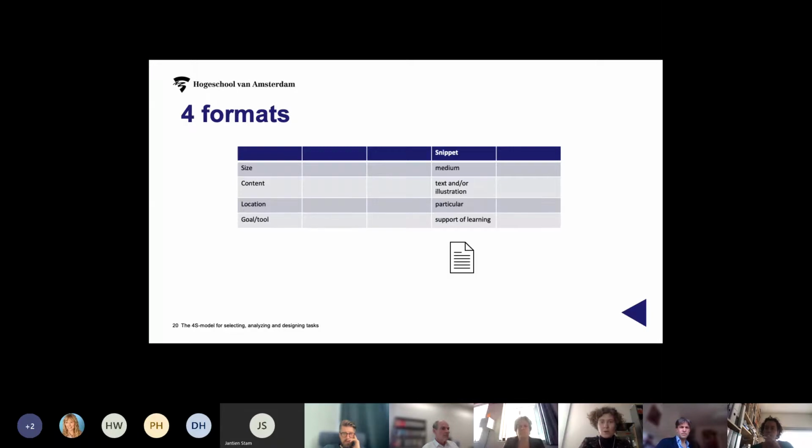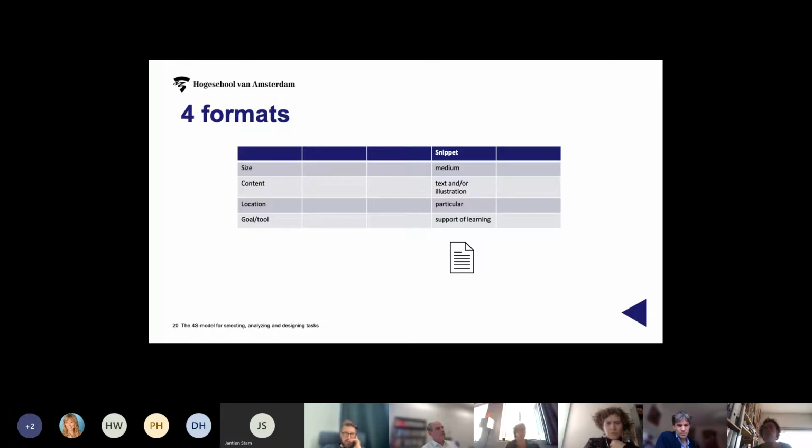And as a starting point, or maybe you should say a benchmark of my system, I used, let's say, a typical or an average fragment for history of mathematics, which has medium size, could contain a text, could contain an illustration.